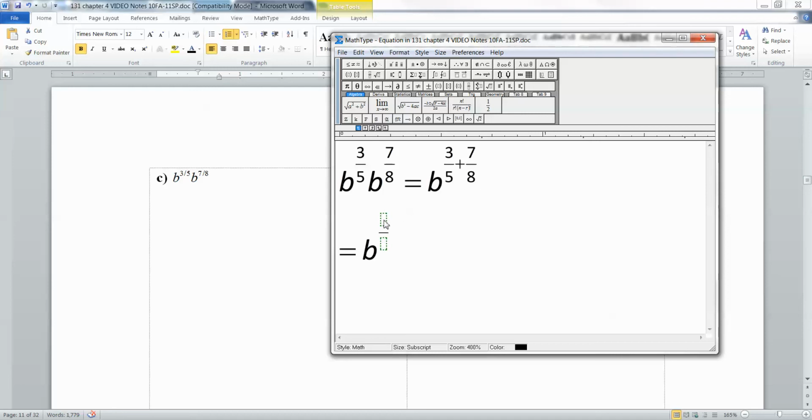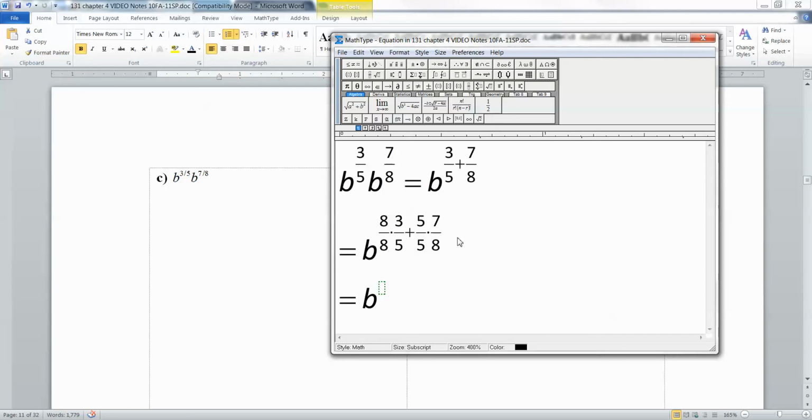So you multiply the first one, 3/5, by 8 over 8, and the next one you multiply by 5 over 5. Now you can do that, of course, because you're really multiplying by 1, and 1 just changes the way the fraction looks. It doesn't really change what the fraction is.